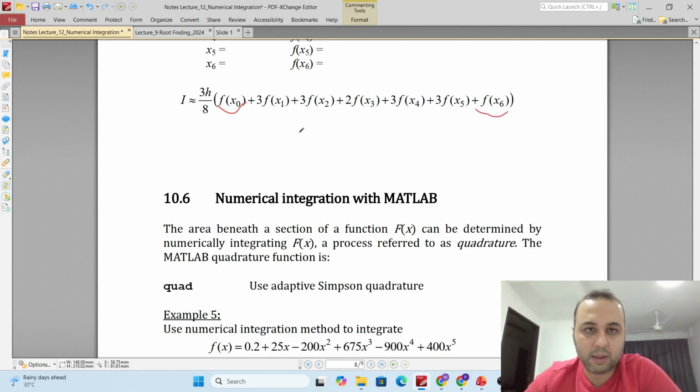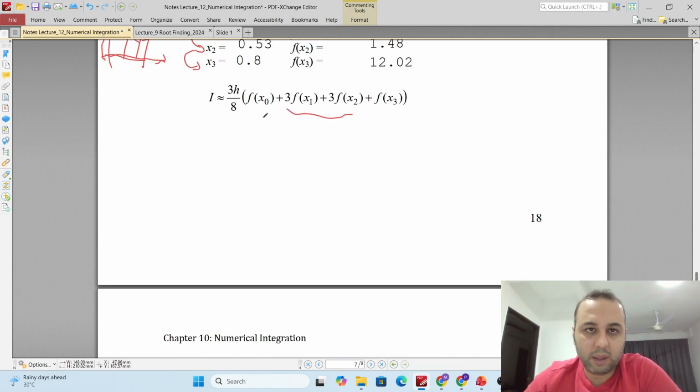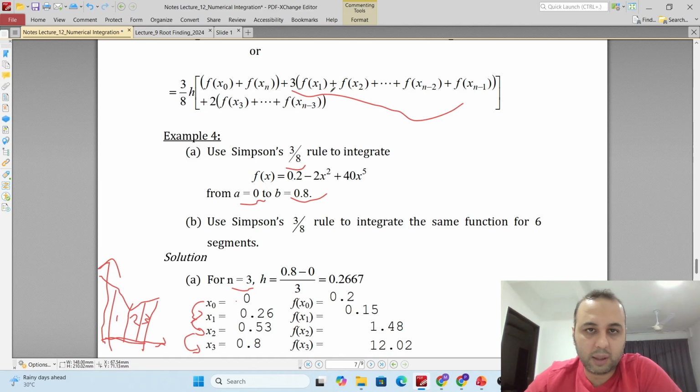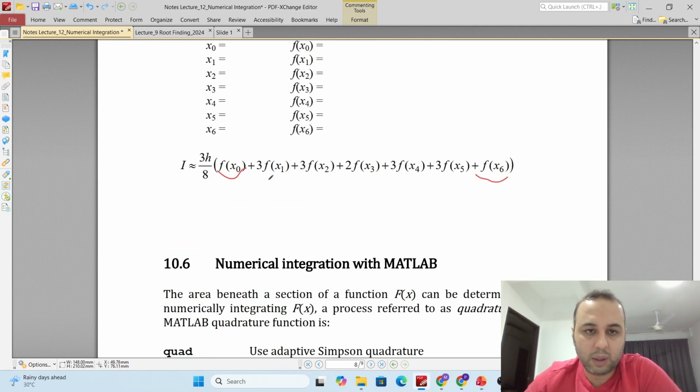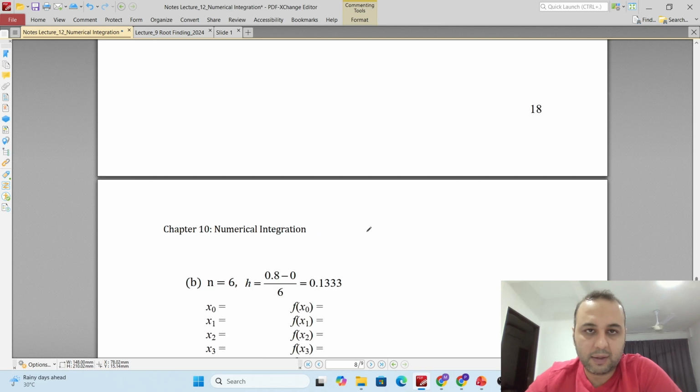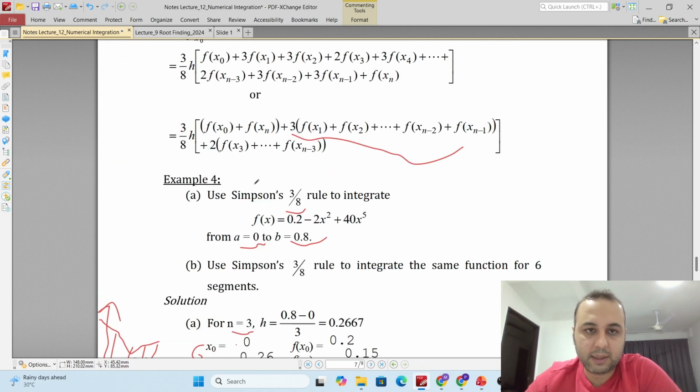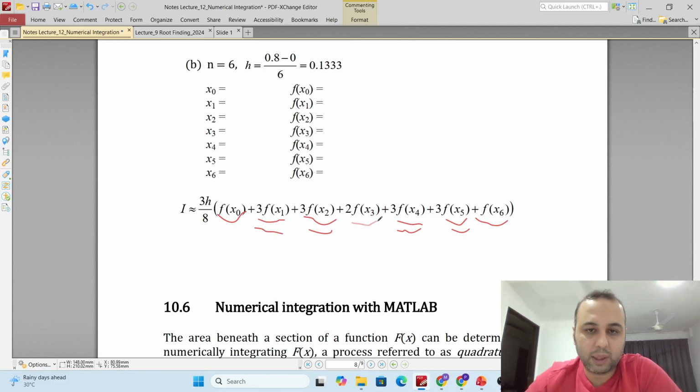Okay, 3 times, back to the formula, 3 times x1, x2, x1, x2, x4, x5, as you can see, x2, x5, but the terms have x3, this one, x3 times 2 should be times 2, as you can see in here.